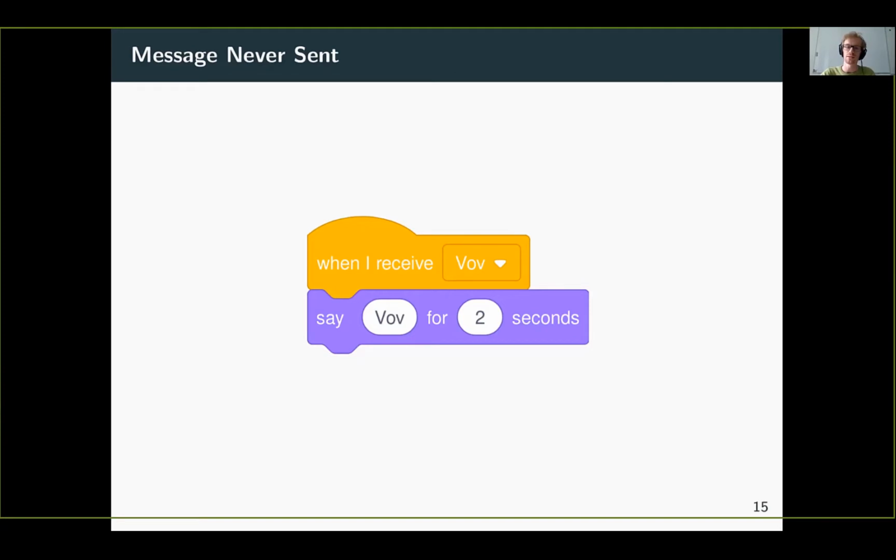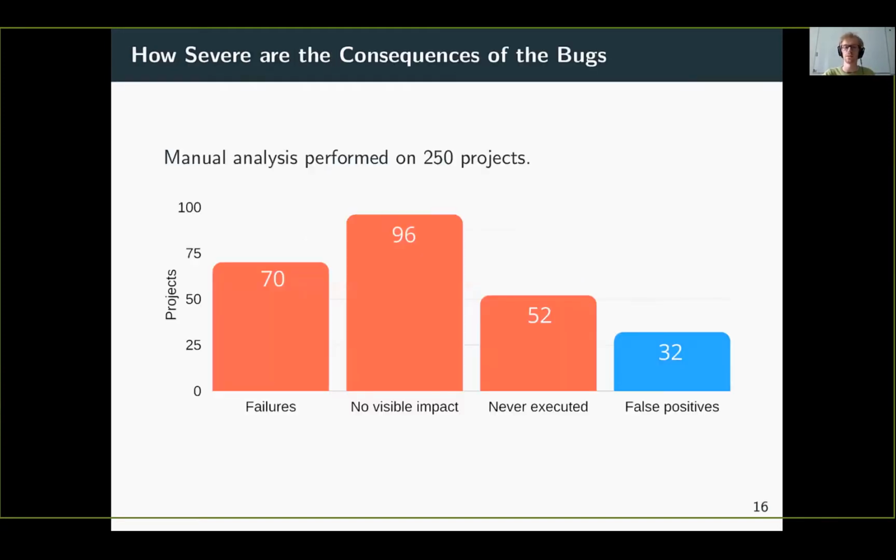So after looking at these bug patterns in our catalog, we wondered how severe the impact actually is in real programs. So we manually analyzed 250 projects, so 10 projects per bug pattern. And what we found is that of these 250 projects, 70 contained a bug which led to a failure.